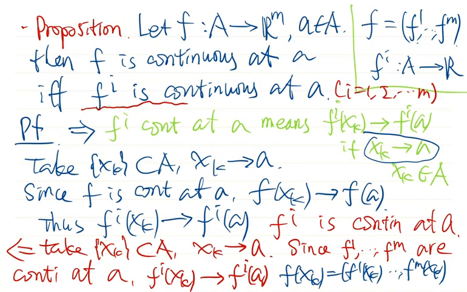So we deduce f(xk) converges to f(a) for every sequence xk in A converging to the point a. Therefore, f is continuous at a. So the if part is also proved. So this is the first proposition of our continuous function. The result is that a vector valued function is continuous at a point if and only if all its component functions fi are continuous at that point. Okay.